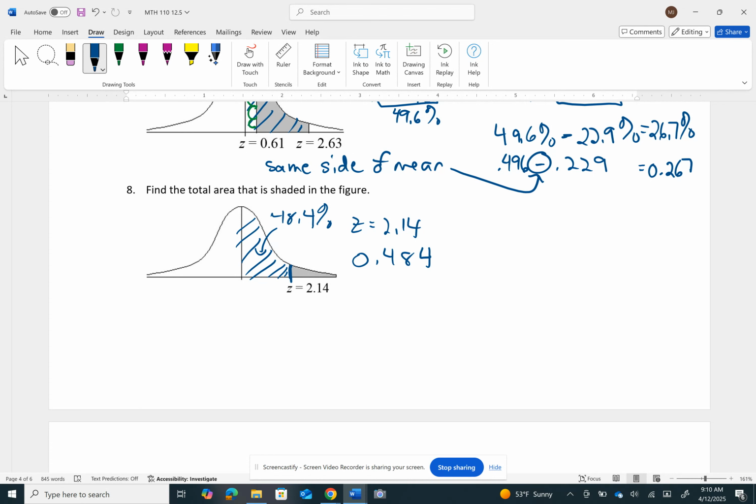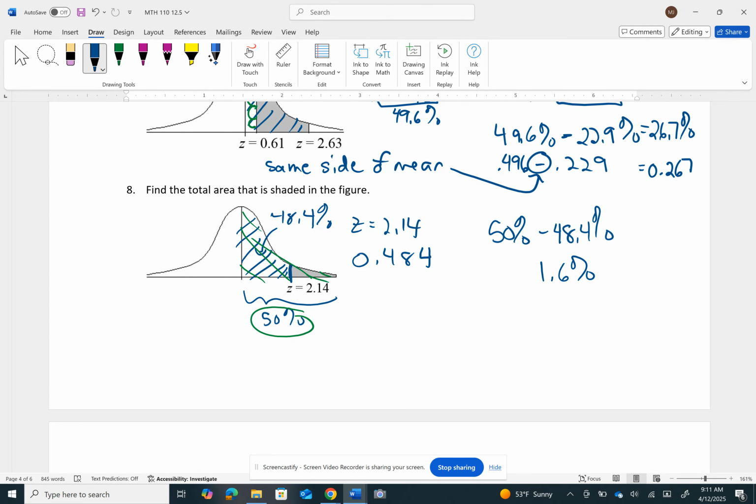Well, remember how from here to there would be 50%, right? Let me do it in green. Isn't this 50%? Everything to the right is 50%. So what we would need to do is take 50% and subtract the 48.4%. And when we do, we would get 1.6%.